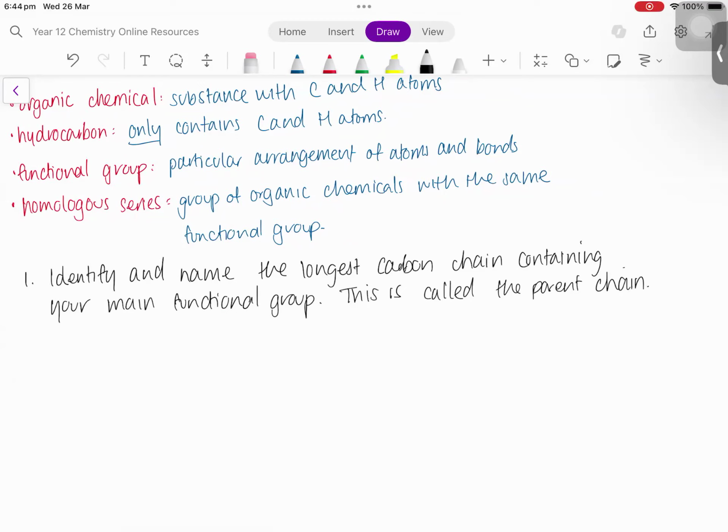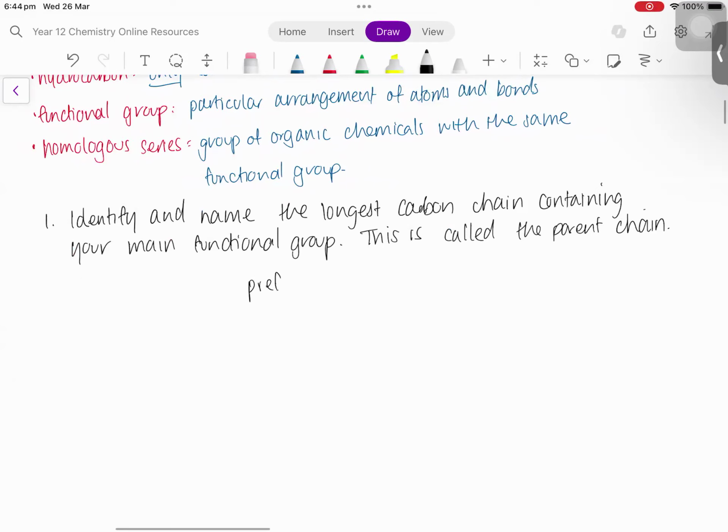Now, the way you figure out the name is by putting a prefix together with a suffix. Your prefix depends on the number of carbons. So you're going to figure out what the longest number of carbons is, count how many there are. That's going to tell you what your prefix is. And your suffix depends on your functional group.